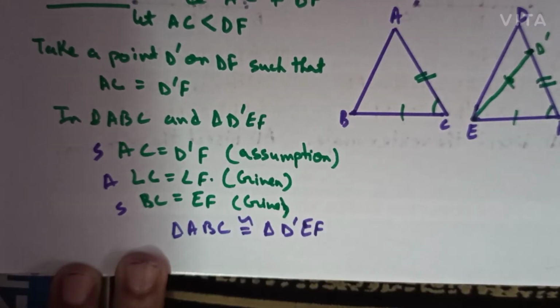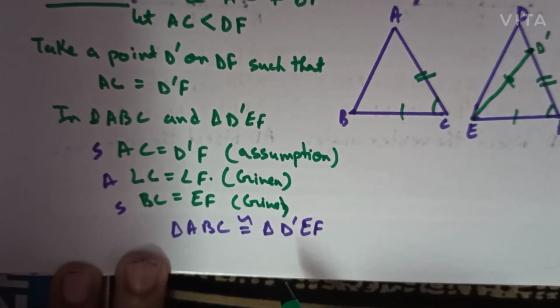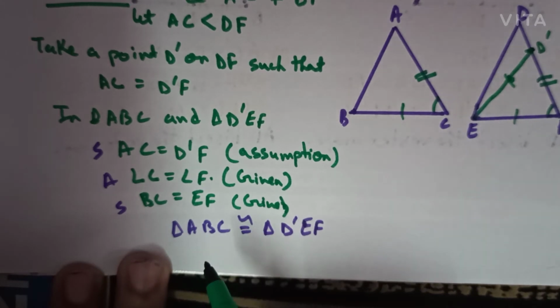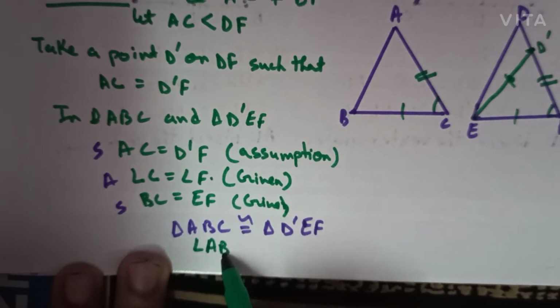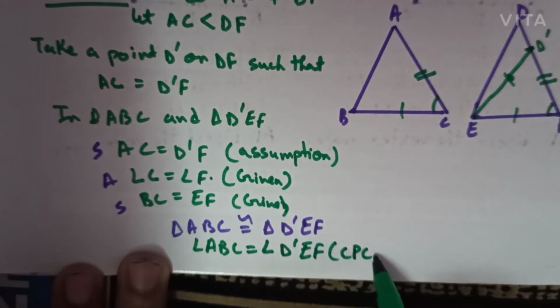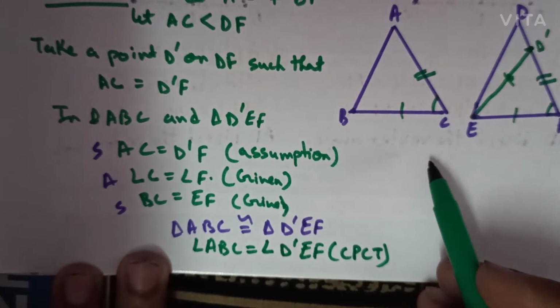Now since the triangles are congruent, corresponding parts of congruent triangles are equal, so we can say that angle ABC is equal to angle D dash EF by CPCT. Hope there will be no problem in that.